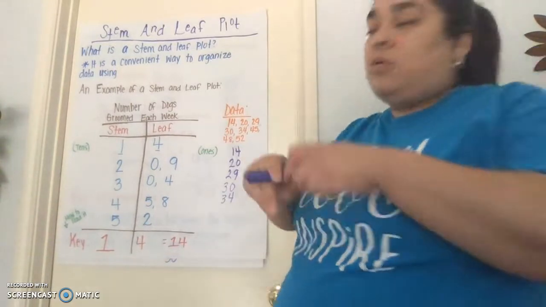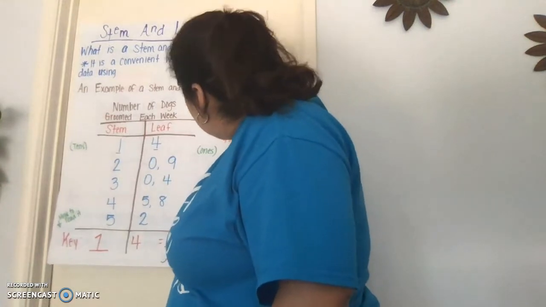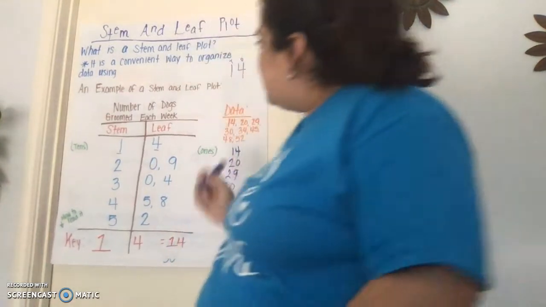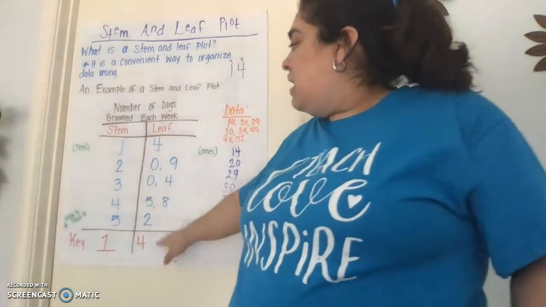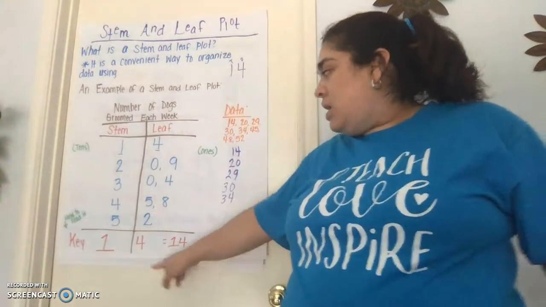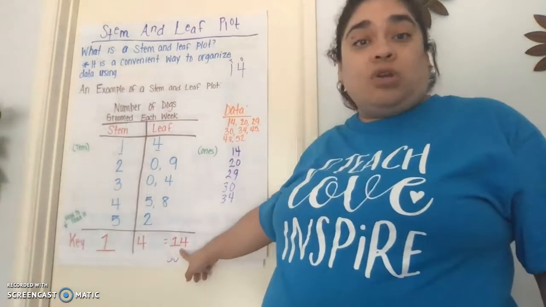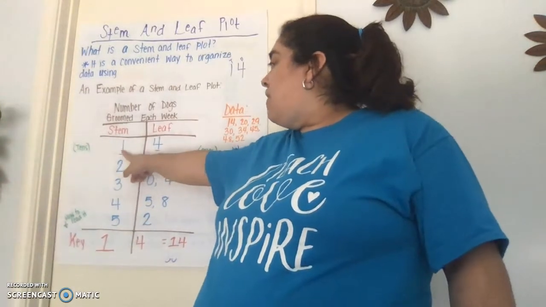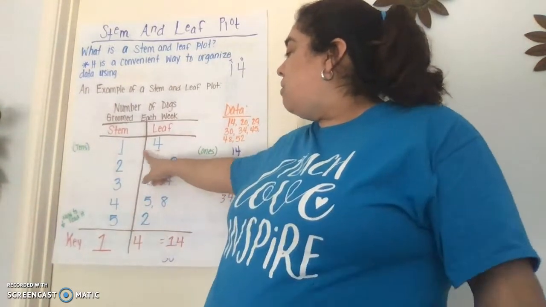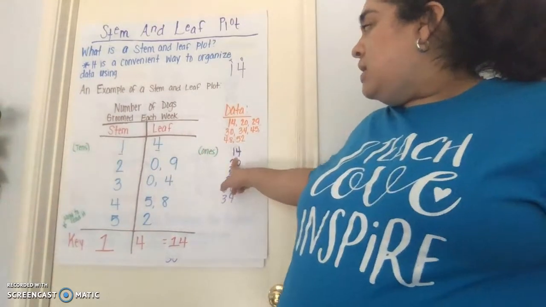So, for example, if you had the number 14, isn't this the tens place and this is the ones place, right? So that's all this is saying. Look at the key, okay? 1/4 is 14. So, tens and ones. If I take the 1 and put it next to the 4, you get 14.